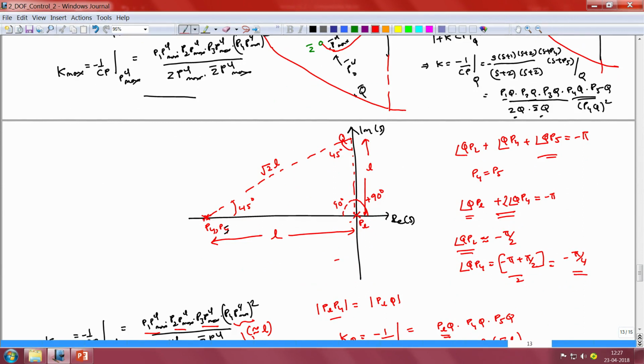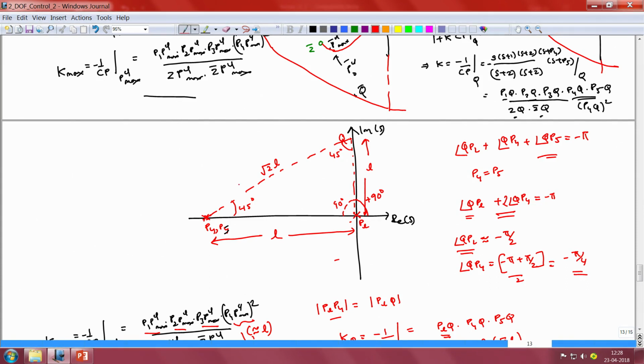If the plant had 4 poles instead of 3 poles and we had added our 2 controller zeros, then the effective number of poles or the lumped poles near the origin would have been 2, namely the difference between the number of poles and the number of zeros, because very far away from the origin this collection of n poles and m zeros will simply look like n minus m poles sitting at the same location.